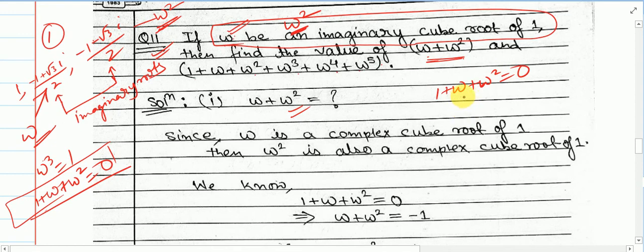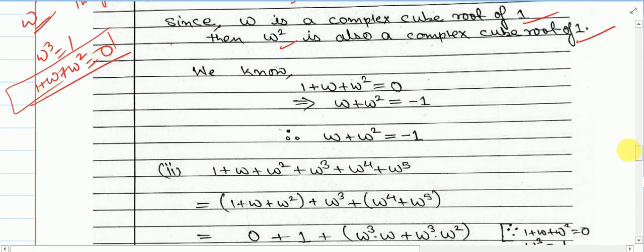So what would be the value for omega plus omega square? It would be minus 1. Since omega is a complex cube root of 1, omega square is also a complex root of 1, the other complex root. We know that 1 plus omega plus omega square is 0, so omega plus omega square will be minus 1. This is the answer.